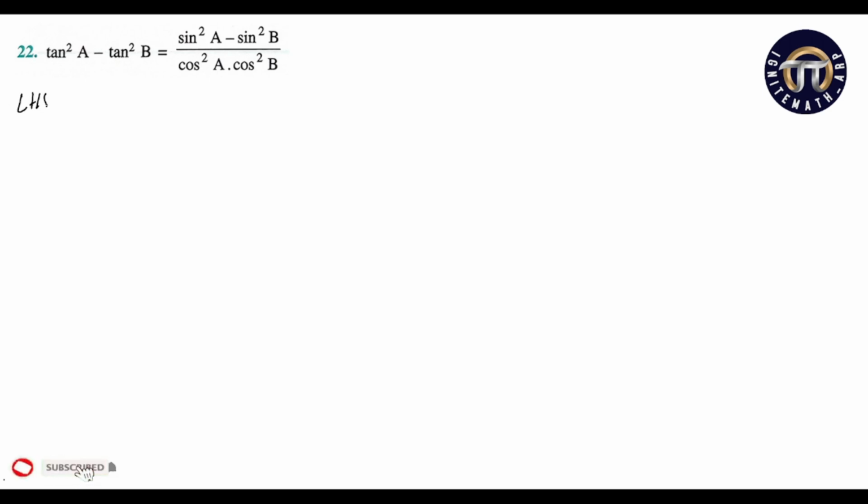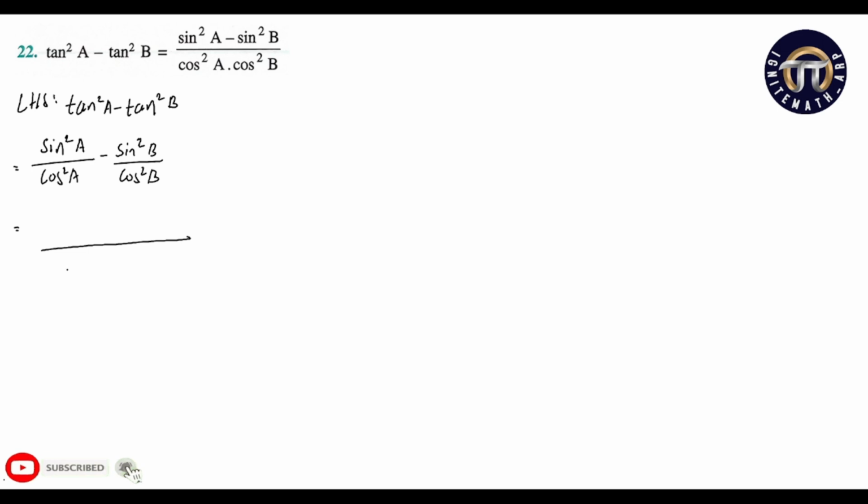LHS is tan square A minus tan square B. I can write tan square A as sin square A by cos square A minus sin square B by cos square B. Now if I take the LCM, it is going to be cos square A into cos square B.